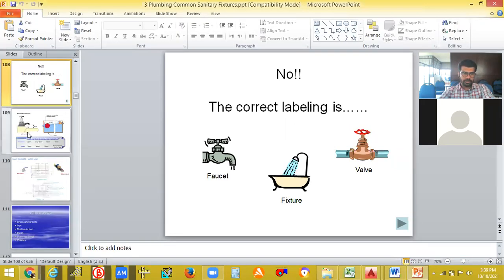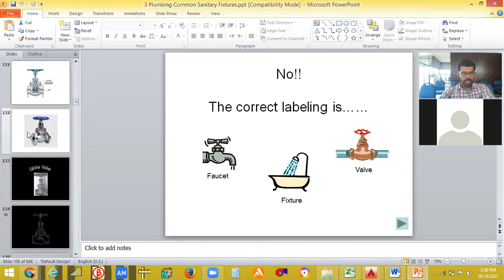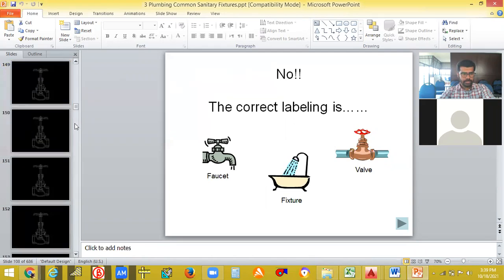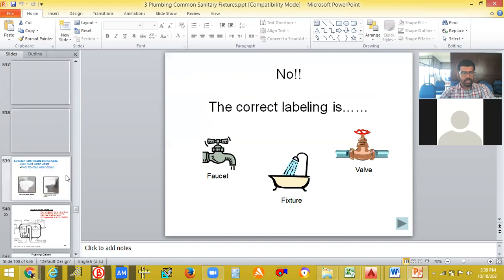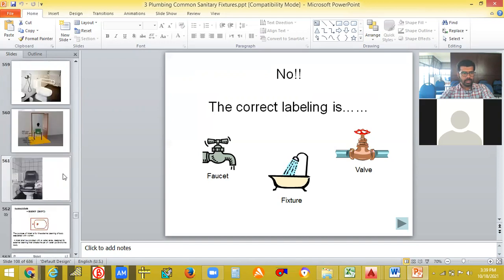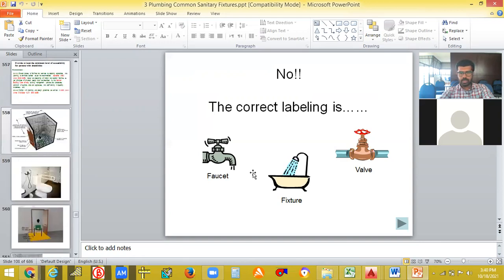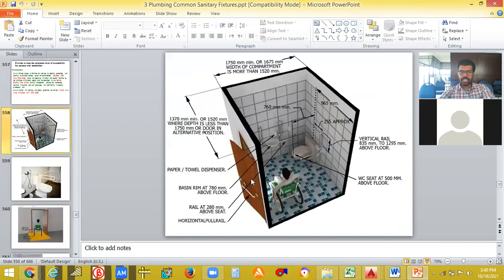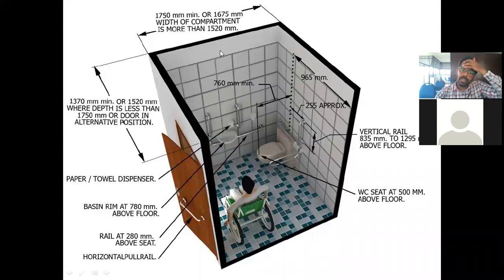Now, when you are trying to give water supply, this is a handicapped toilet.